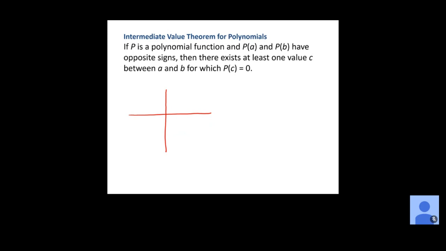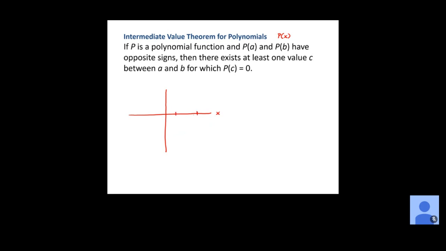Our polynomial function would be like P of x. So which variables would actually represent x values this time? The a and b would be your x values. So we have an a and we have a b, and those would be along the x-axis.